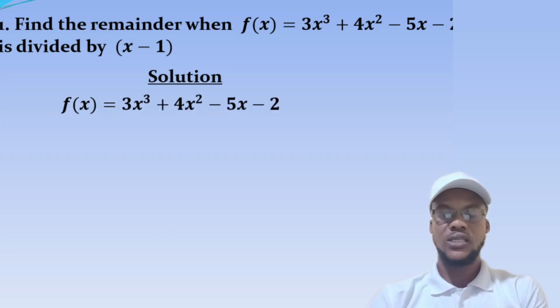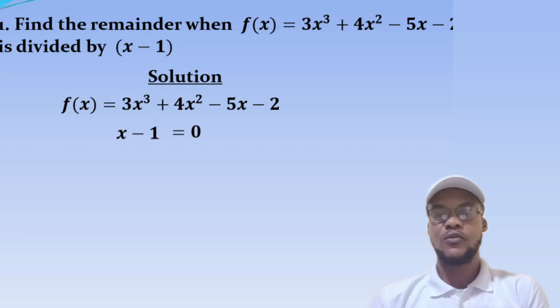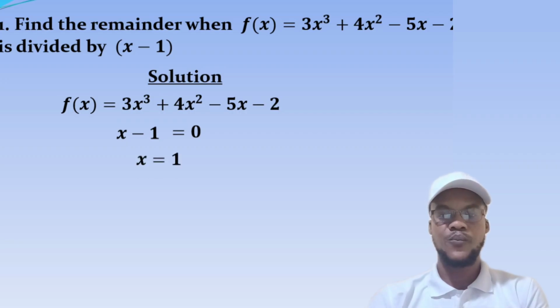So this is a remainder. As I said, we find the zero of the linear function given. If we are to find the zero, that means we are solving for x, and whatever we get, we substitute the value. So if we find the value of x, we get x to be 1.